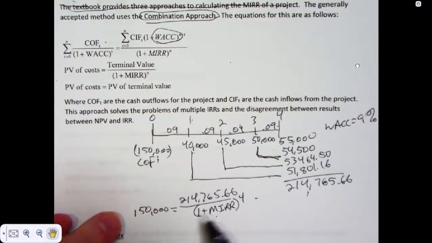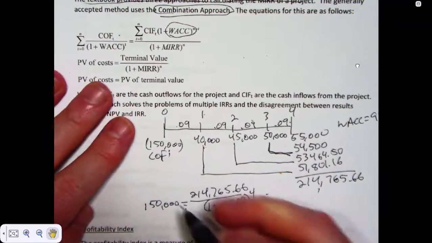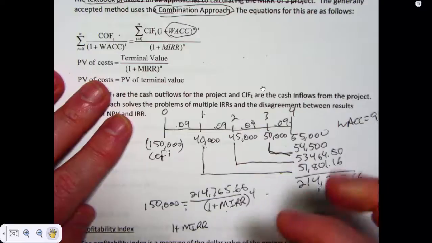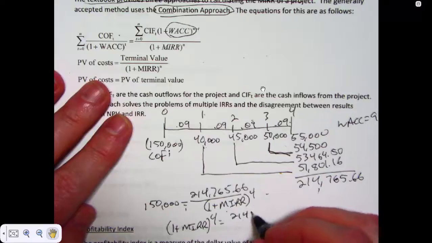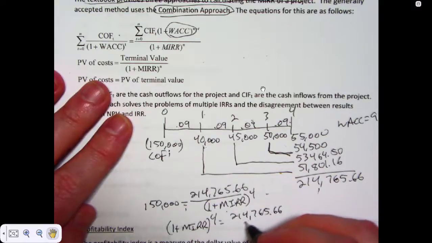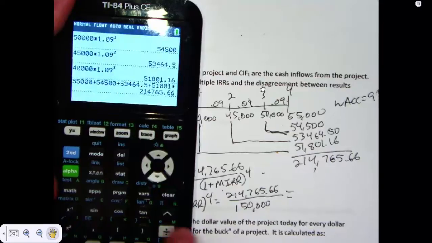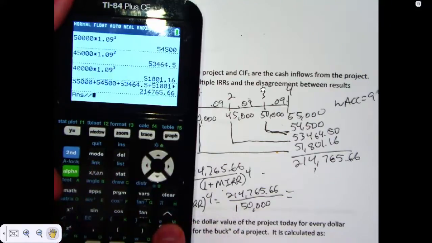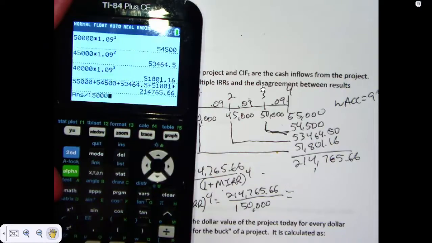Imagine me doing that in your head. 1 plus MIRR to the 4th power is equal to 214,765.66 divided by 150,000. That gives me 1.4318.